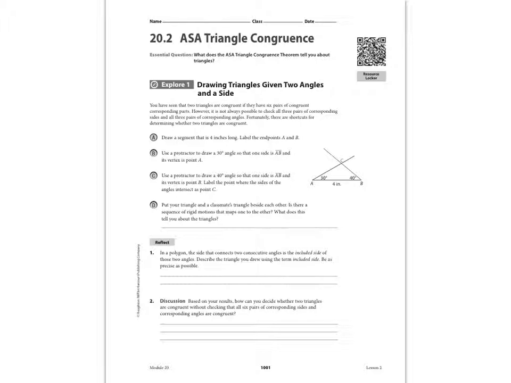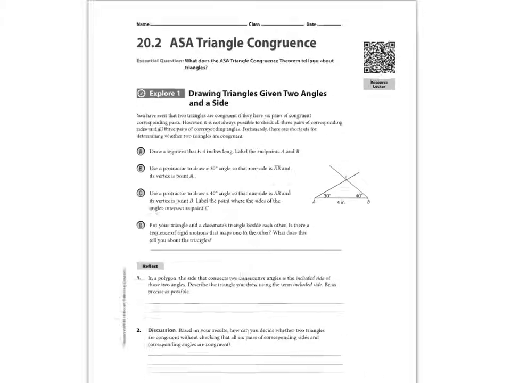So if we know all 6 corresponding parts are congruent between two triangles, then we know the two triangles are congruent. Remember, the 6 parts are the 3 angles and the 3 sides. What's nice about this lesson and the next 4 or 5 is that we won't need all 6 parts anymore. We only need 3 parts.